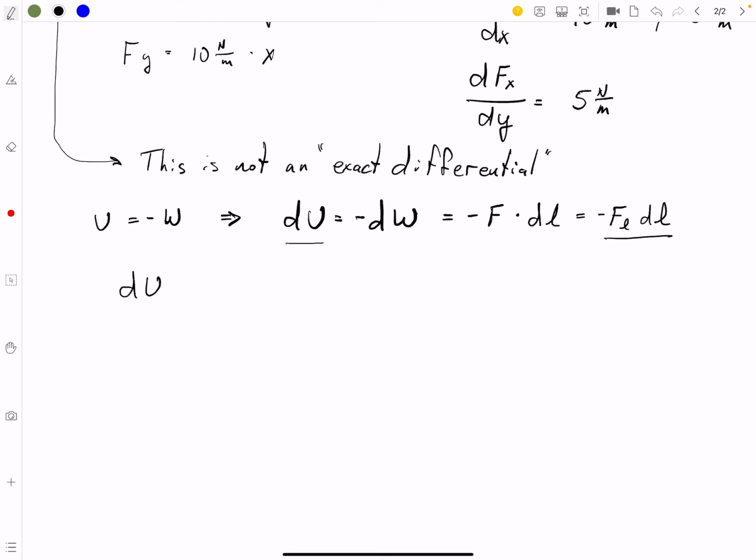So we have dU equals minus F_l dl. And then that will give us that dU/dl equals, we'll put the minus sign here, F of l. Okay.